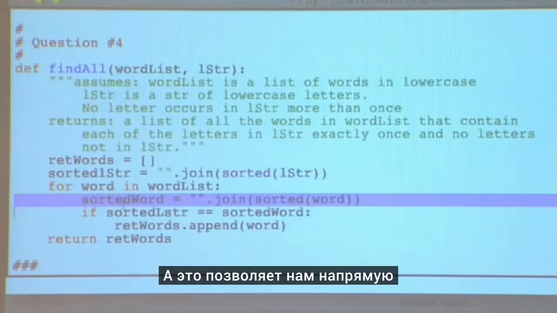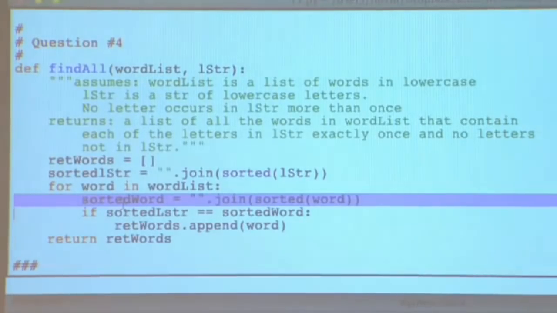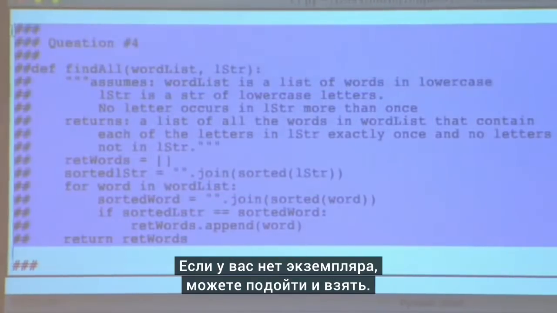And what that does is it allows us to just directly compare the two strings. And if they're equal, then we've met the criteria for adding it into the return word list. All right, we good? Yeah. All right. So that's the quiz. If you don't have it, you can come pick it up.